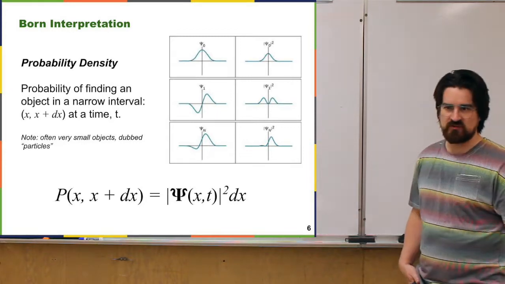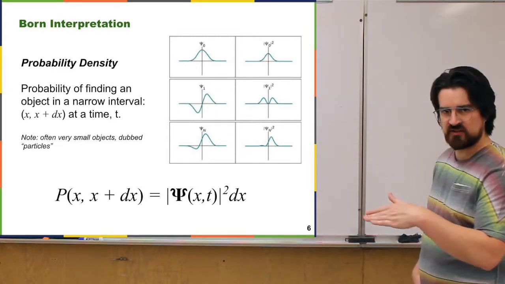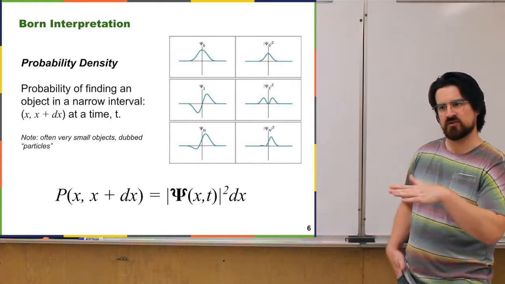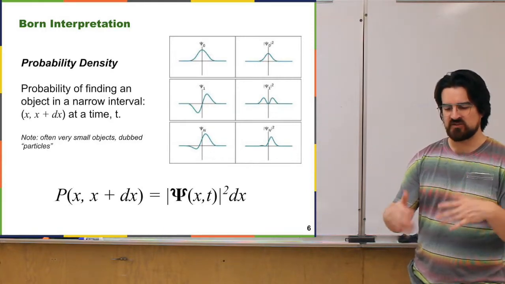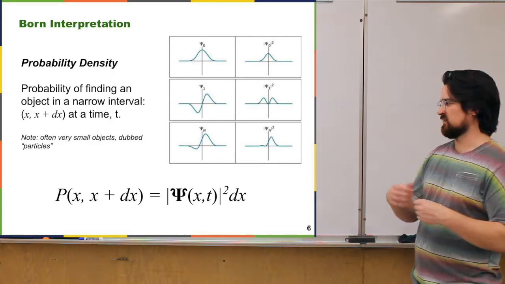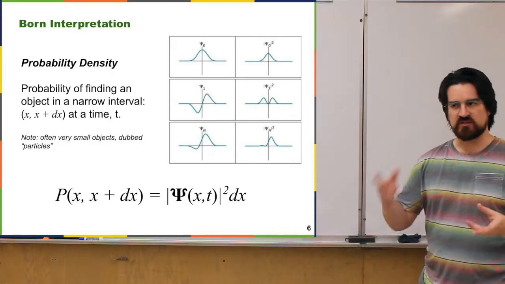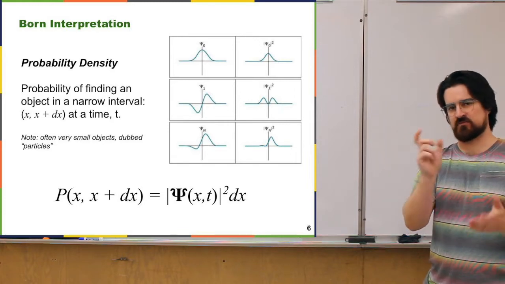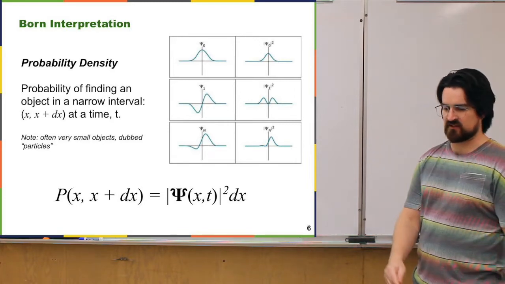However, in some cases, the wave function is pretty constant, or it doesn't change very much over the range you're interested in. In that case, you can find the probability just by using the average of the wave function squared and multiplying by delta x, whatever that actual range of x values is.